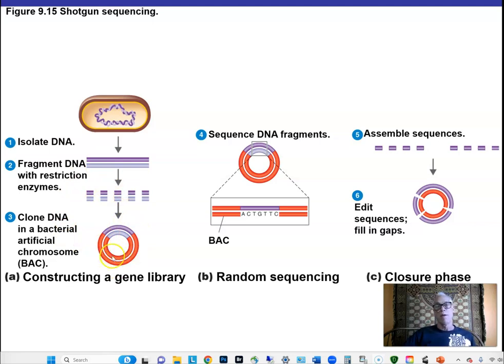They're a little bit bigger than a plasmid and a little more complex. But again, we're going to have thousands of copies of these artificial chromosomes, each of which has a separate piece of the original genome that we want to study, and then we can just sequence the insert in each one of these artificial chromosomes relatively easily.